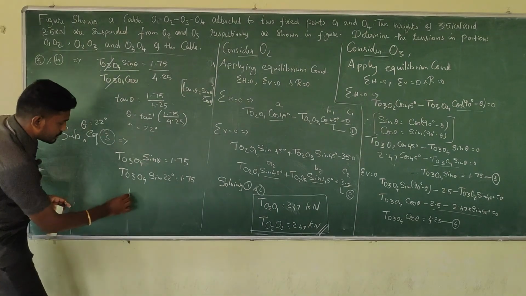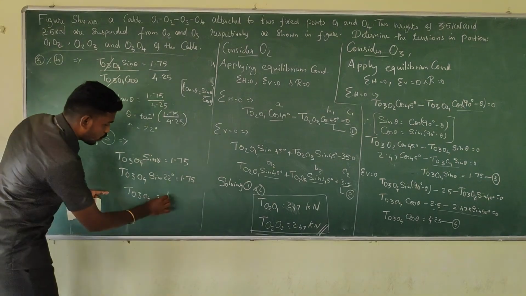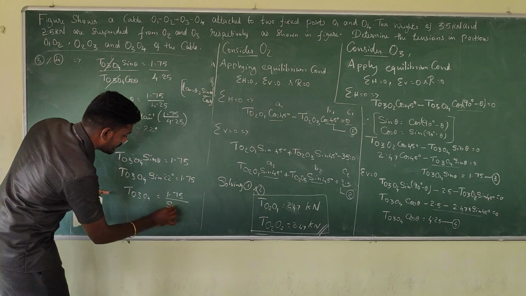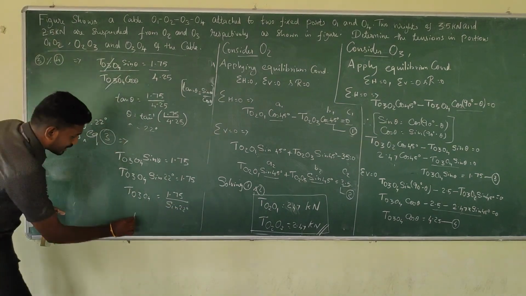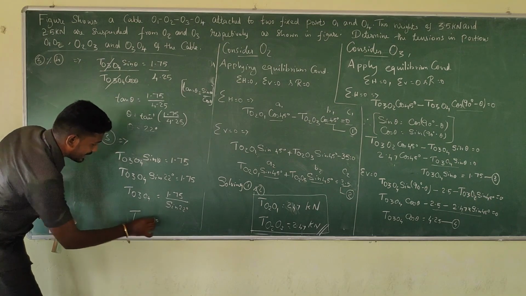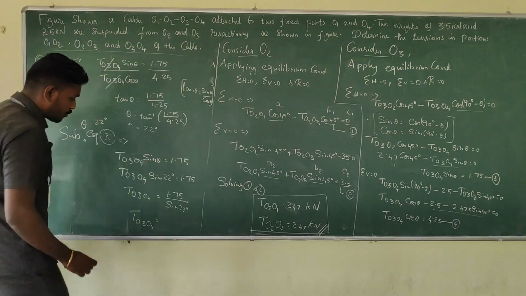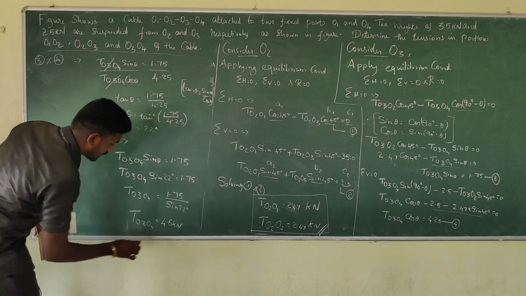So T O3 O4 will become 1.75 divided by sine 22 degree. If you calculate it, you will get the value for O3 O4 in terms of kilonewtons. Roughly you will get 4.6 kilonewton.